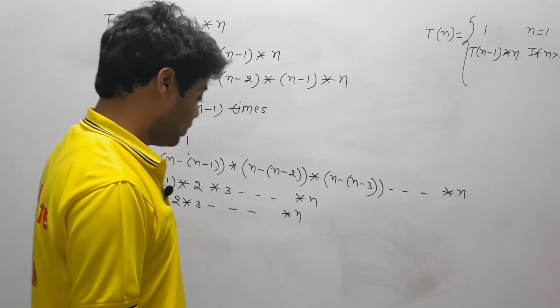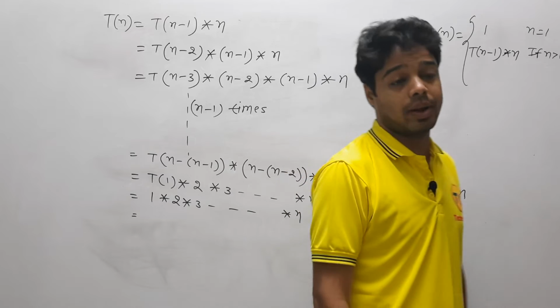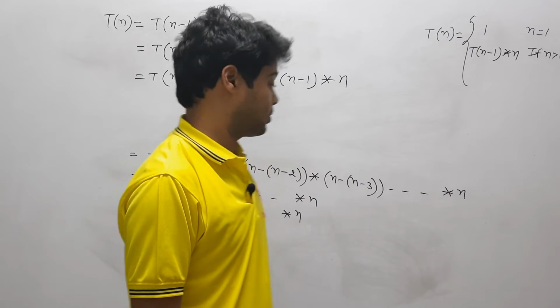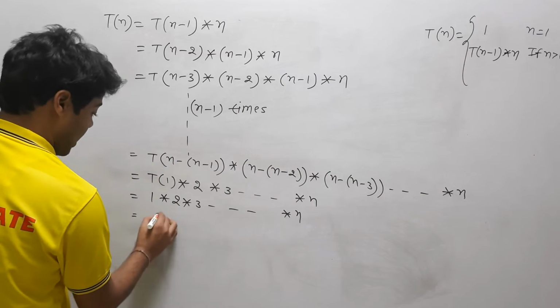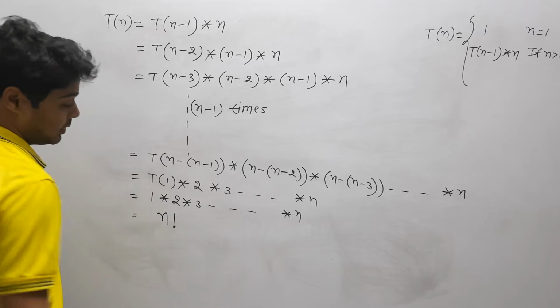So 1 into 2 into 3 into n is a factorial of a number. It's a factorial series. So this is n factorial.